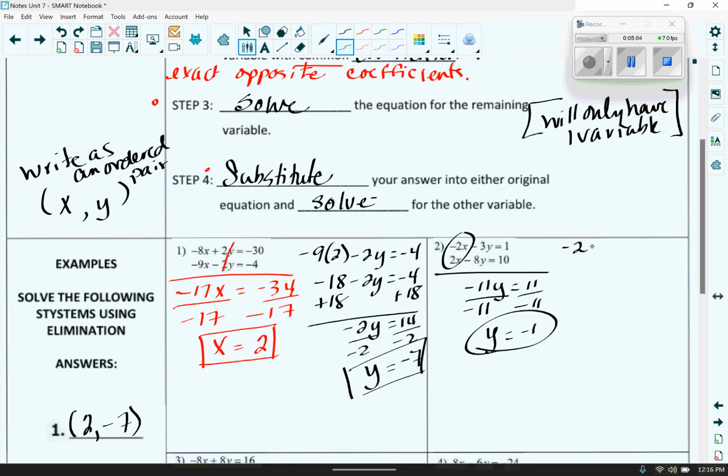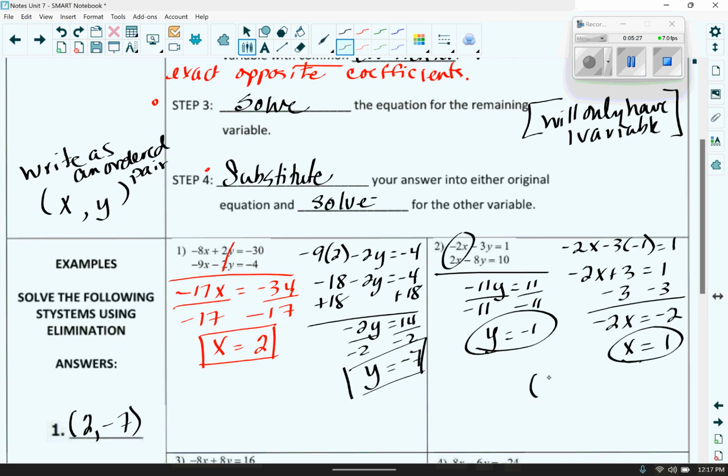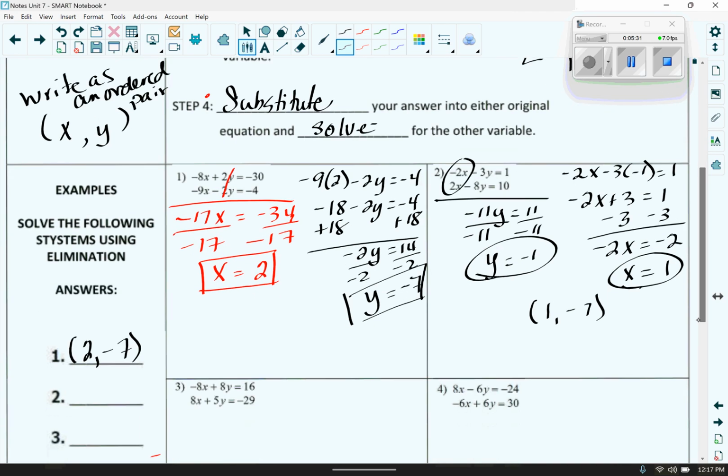So negative 2x minus 3 times negative 1 equals 1. So negative 2x plus 3 equals 1. Take away 3 from both sides. Negative 2x is equal to negative 2. So x is equal to 1. So my ordered pair is going to be 1, negative 1.